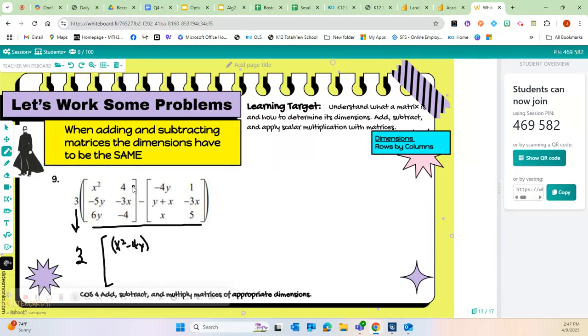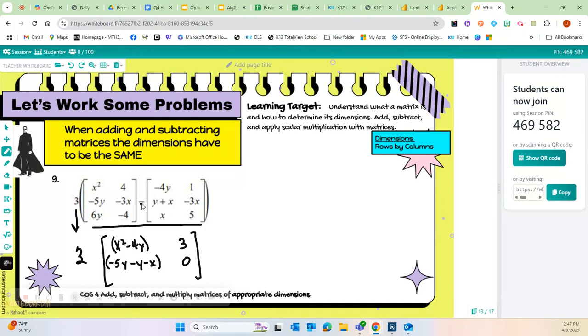So that's one term, and then 4 minus 1, which is 3, and then negative 5y minus y minus x. And then negative 3x minus negative 3x, which is really negative 3x plus 3x, and those will cancel and give you 0.